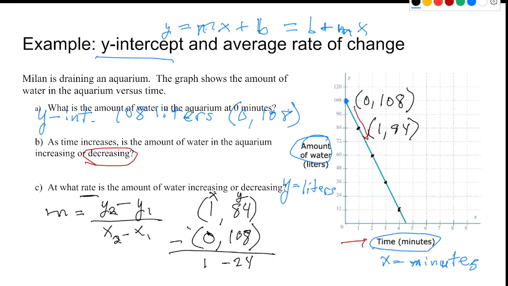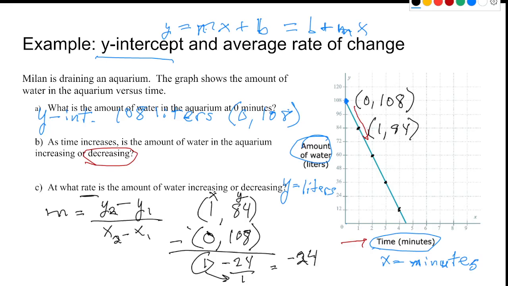And then the slope has the y on top, so I take the x and tuck it underneath the y, and that gives me my average rate of change: negative 24. So that's my rate.